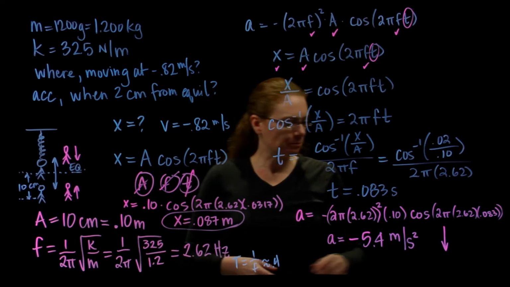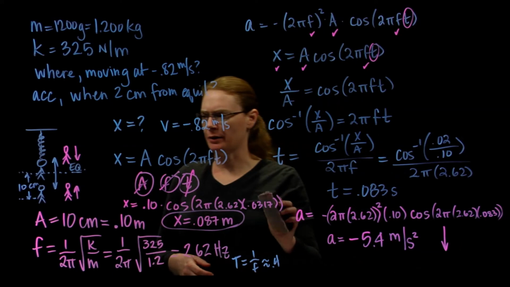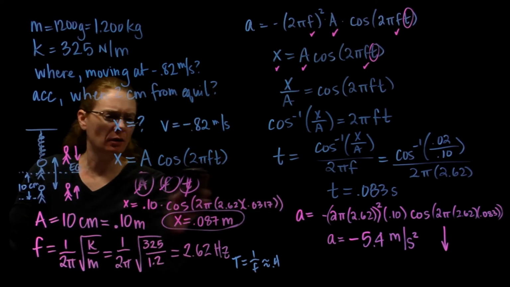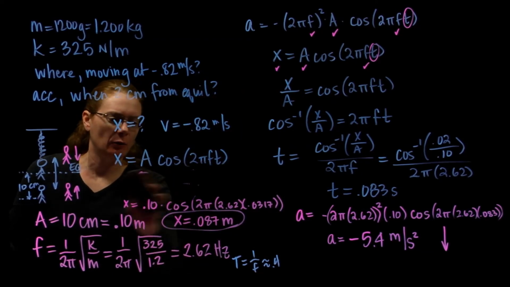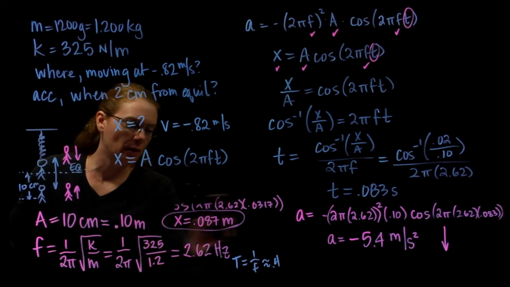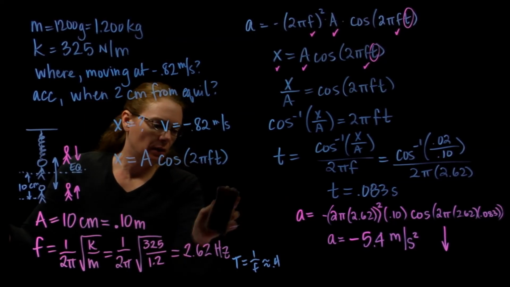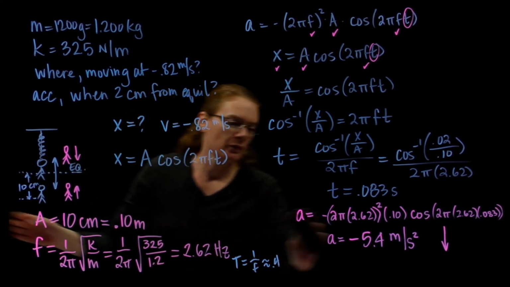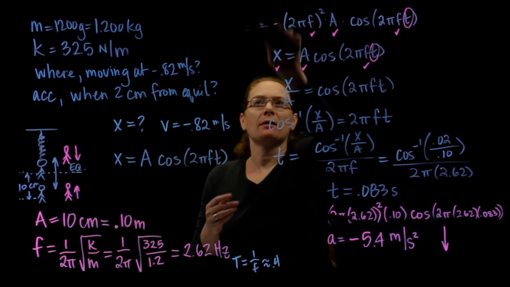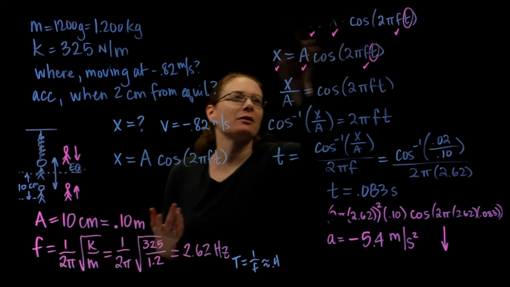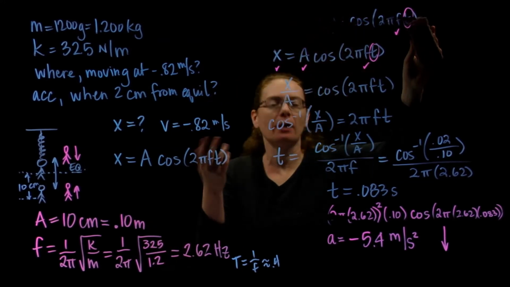Now I want to do one more part with this type of question. I want to go over what the maximum values are. So we have these answers, but it really is hard to know if this is the right answer or not, because what does an acceleration of 5.4 mean in simple harmonic motion?